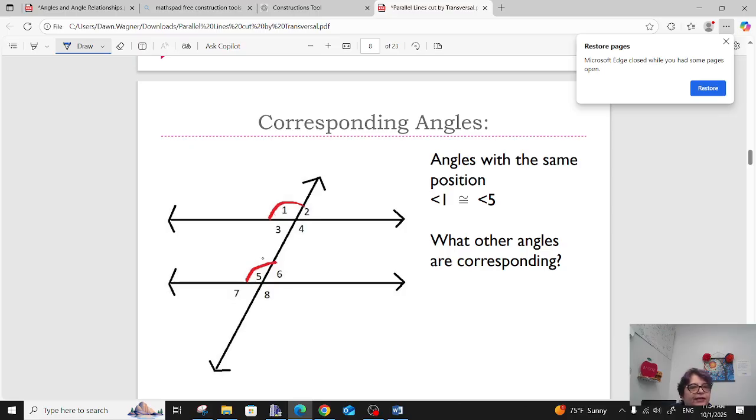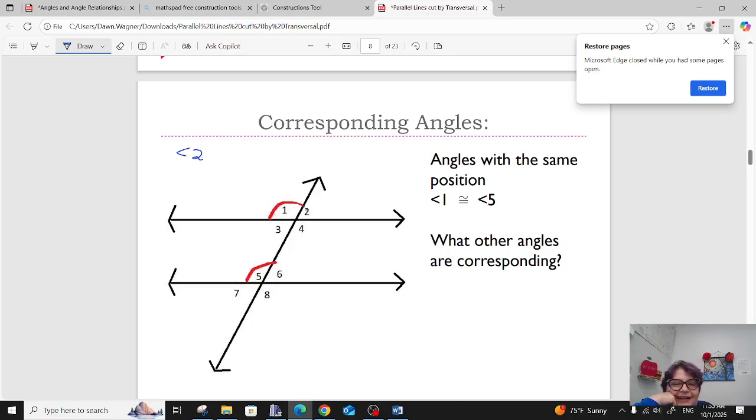And if I'm looking at these 4, this would be considered upper left. Angle 1 and angle 5 are corresponding angles. There are many more corresponding angles. There's 3 sets more.